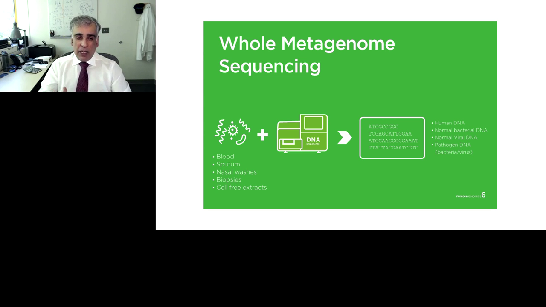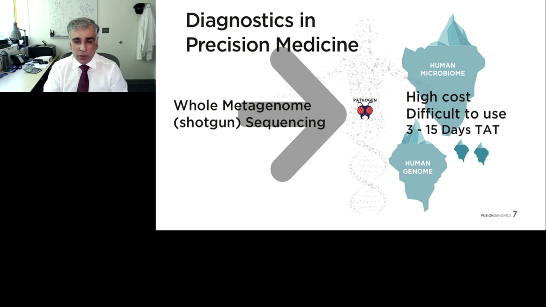So it gives you all this data, whereas what you are after is the pathogen DNA. For these purposes, diagnostics and precision medicine are using whole metagenome sequencing. It is not an ideal solution to address the problem at large.